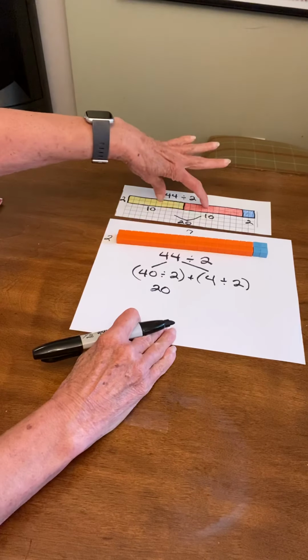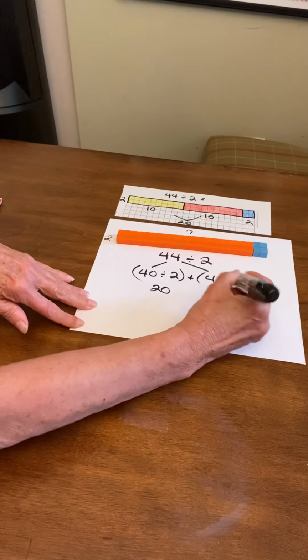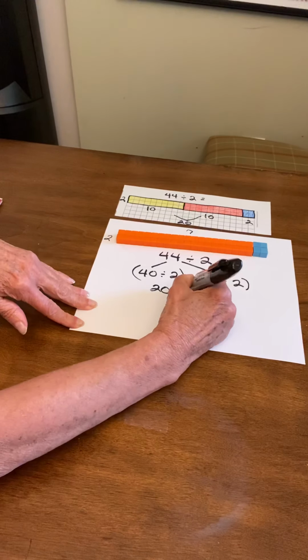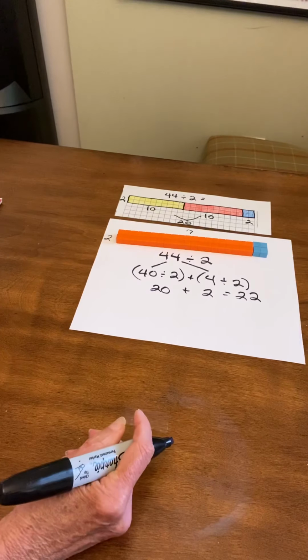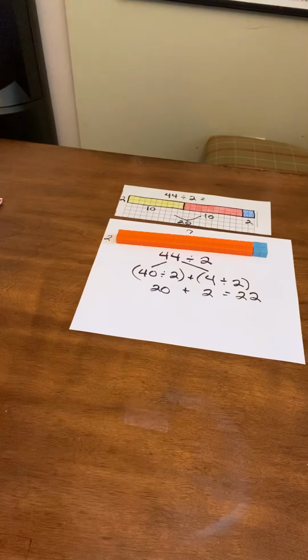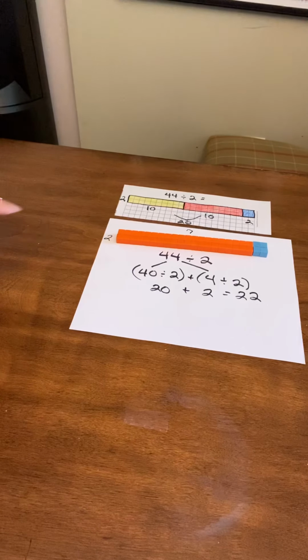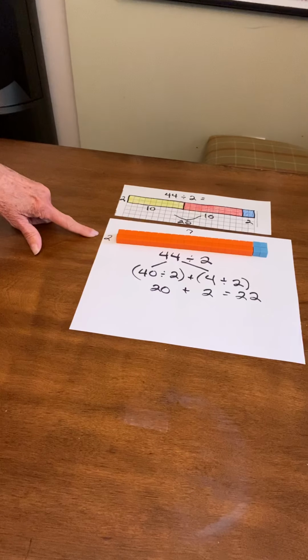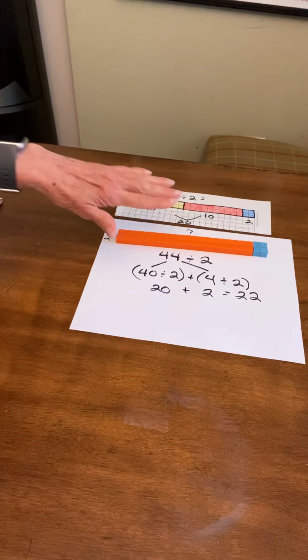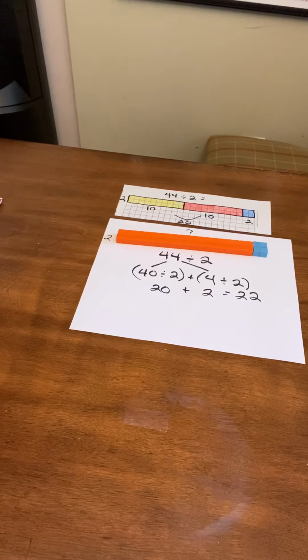See my 20 right here? 4 divided by 2 gives me my 2, with my quotient of 22. And we are looking at 44 divided by 2. We're not decomposing the 2. We're decomposing the 44.